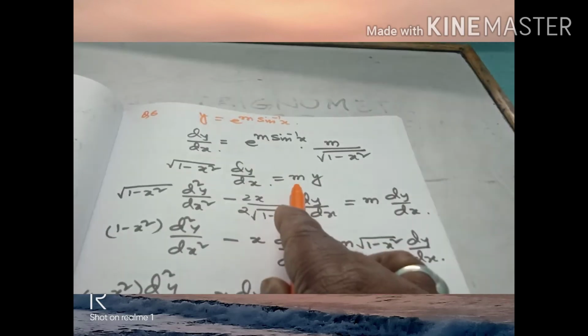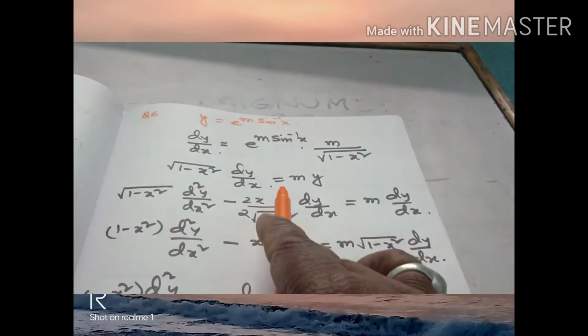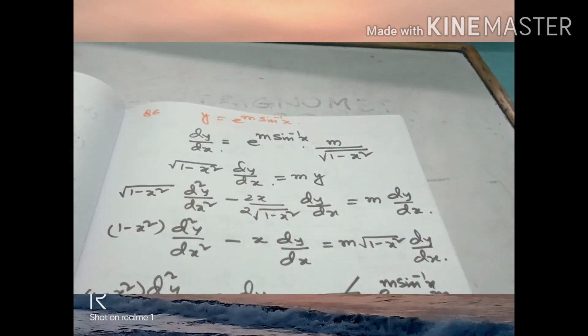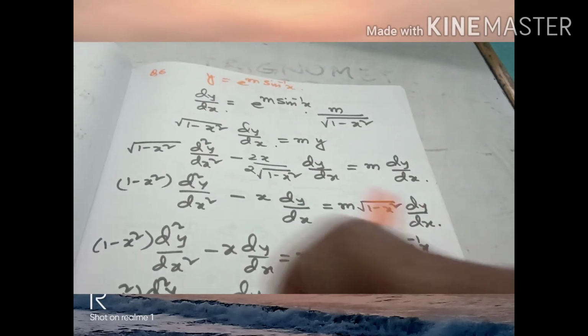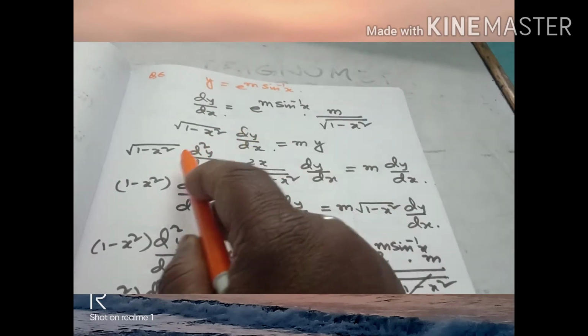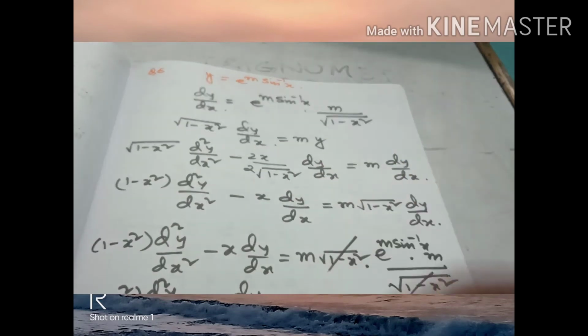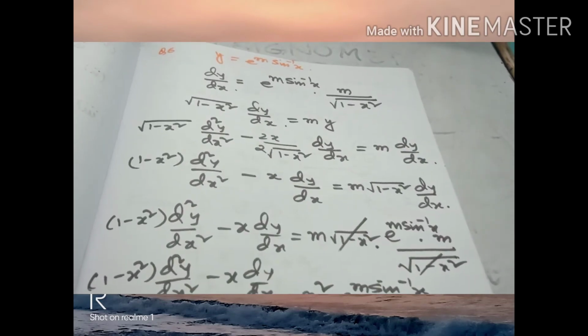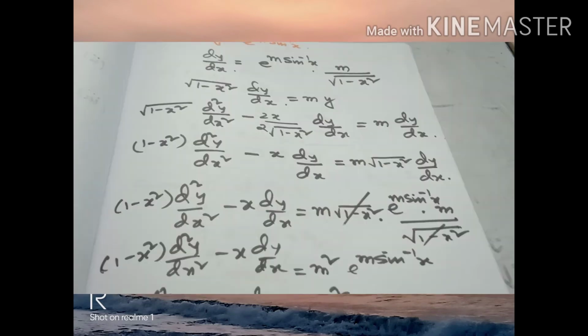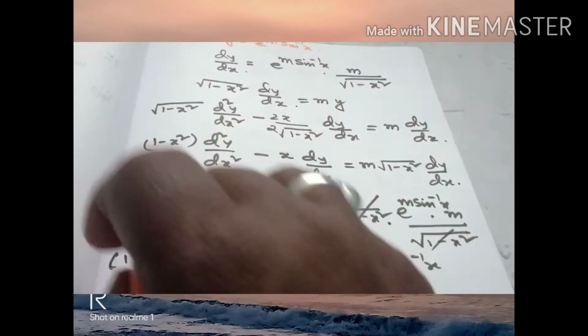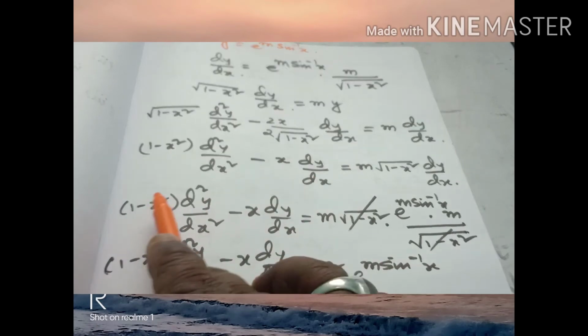On cross multiplying, we get this, and then again we find the derivative, the second order derivative.